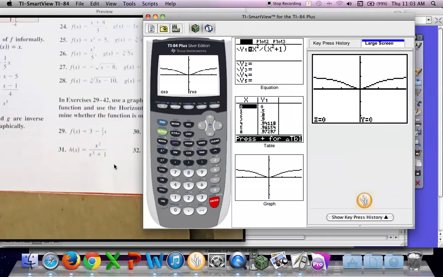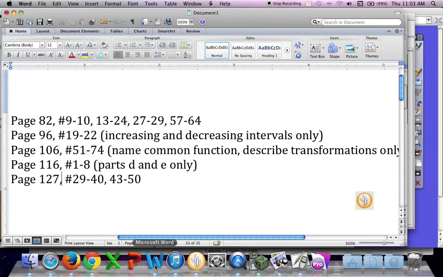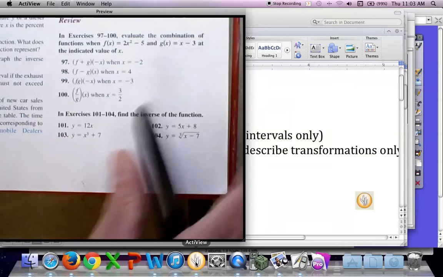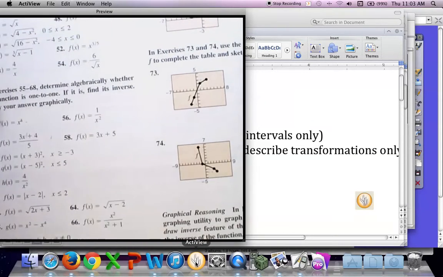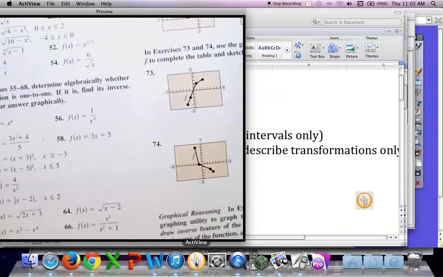And then the last part, the 43 through 50 on the same page is here. That's the ones, no, it's actually not the ones we did for homework last night.